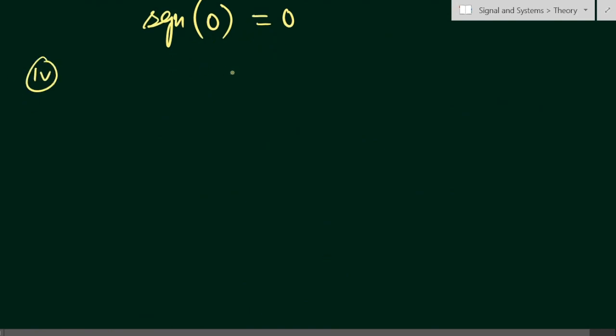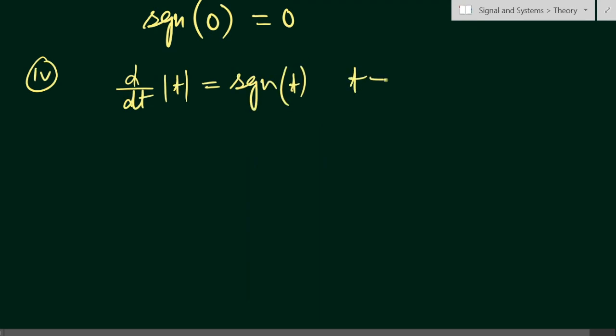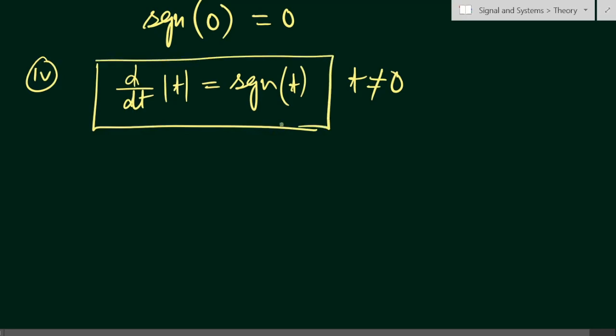So in the fourth property we have d dt of mod of t is equal to signum function for t not equal to 0. That is differentiation of mod of t is equal to the signum function for t not equal to 0. Okay, for the positive and the negative values of t we have this relation. Okay, so this is the fourth property. So how to prove it?